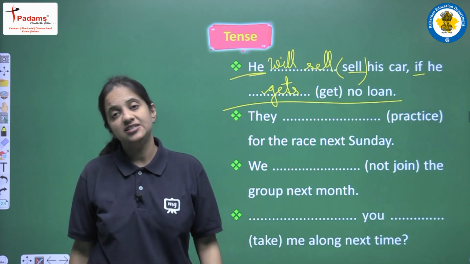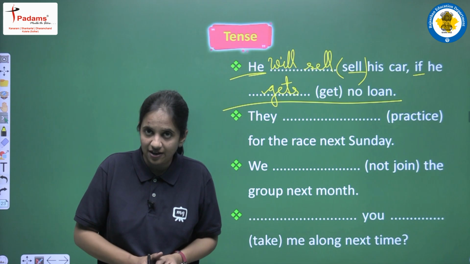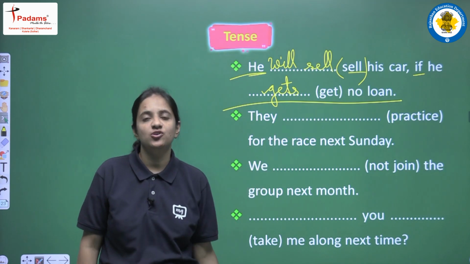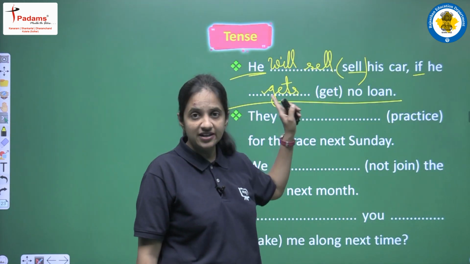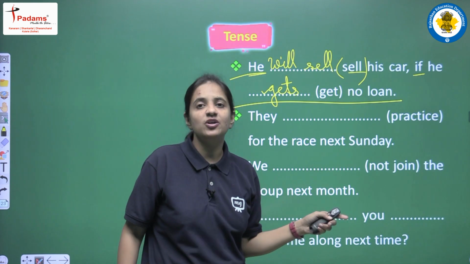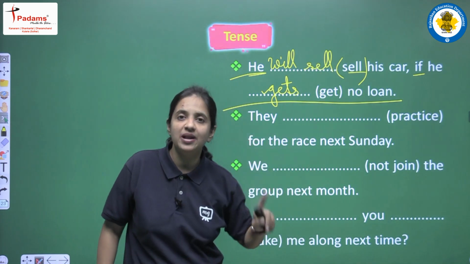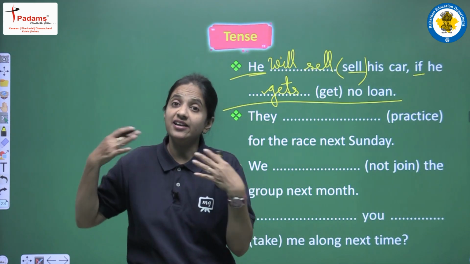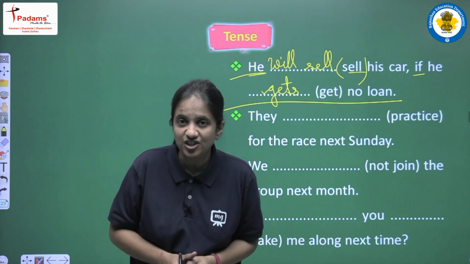Okay, so students, just be very careful regarding the sentence, that what kind of sentence we are having. This is the conditional sentence. And yes, one more thing that I want to clear here, if you are having such a sentence like a conditional sentence और उसमें दोनों ही clauses में कोई tense हमें नहीं दिया गया है, दोनों ही clauses में you are having the blank, then at that time you can fill the blanks using any of the structures, right? Because we are having so many structures of the conditional sentence.